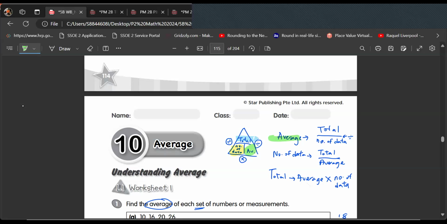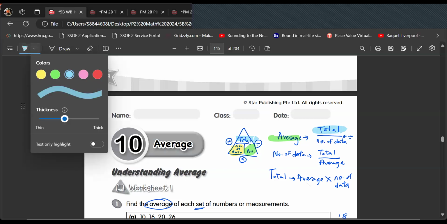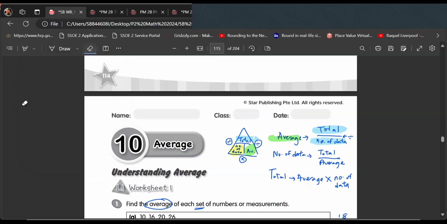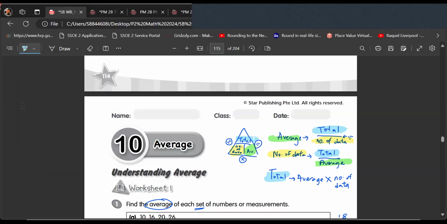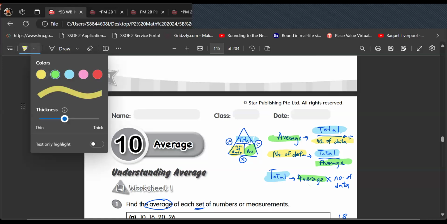If you want to find the average, you have to have the total first, then divide by the number of data. If you want to find the number of data, you find the total first, divide by the average. If you want to find the total, you use average multiplied by number of data.